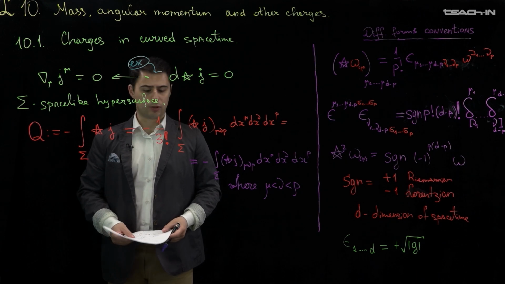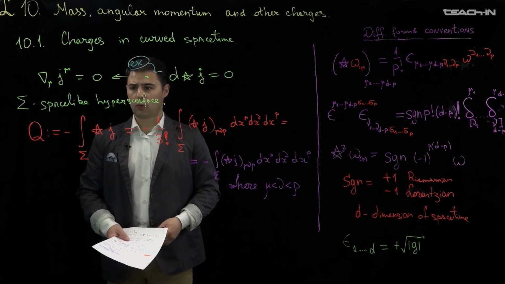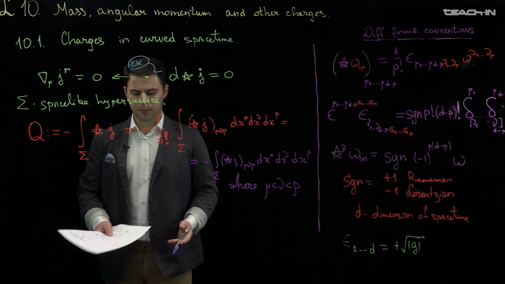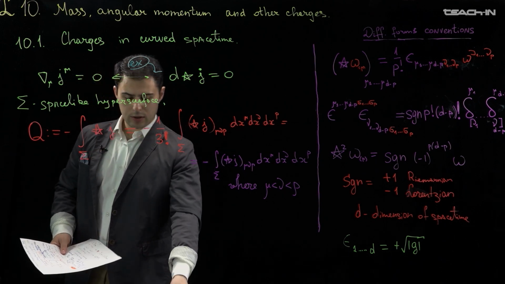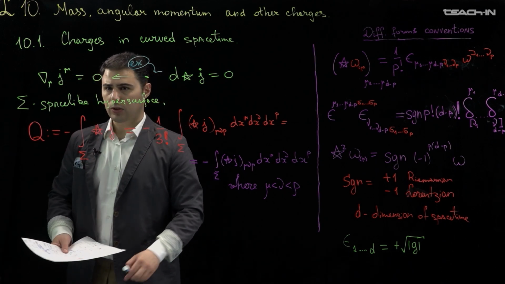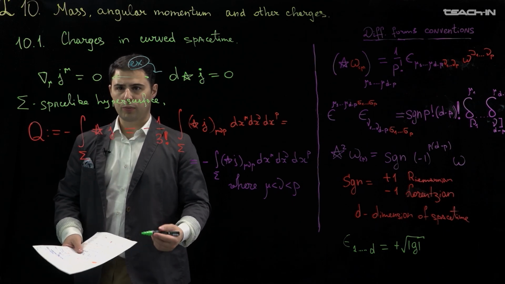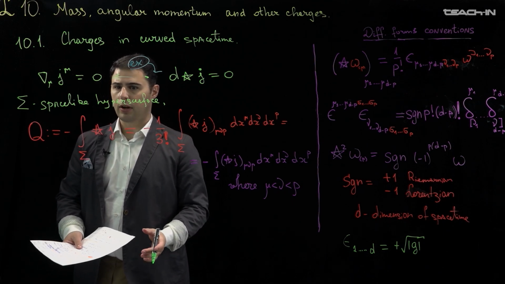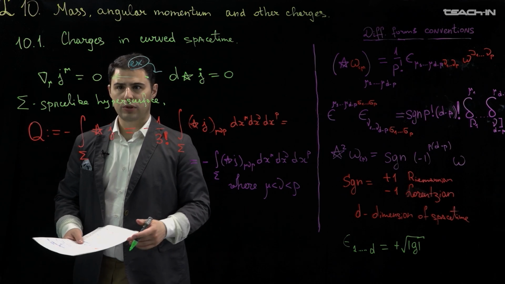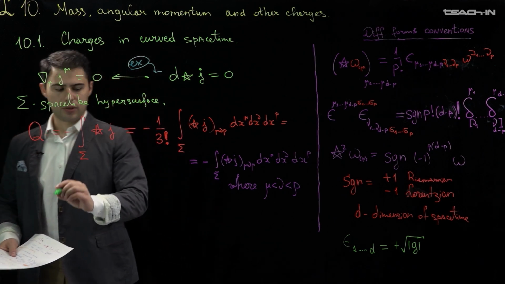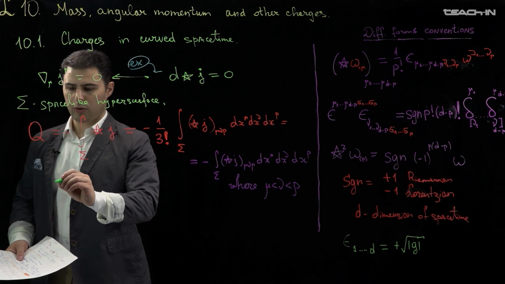Okay, so why is this charge conserved? Let's say that we have 2 space-like hypersurfaces that together enclose some region of the spacetime. So let us have the following picture.